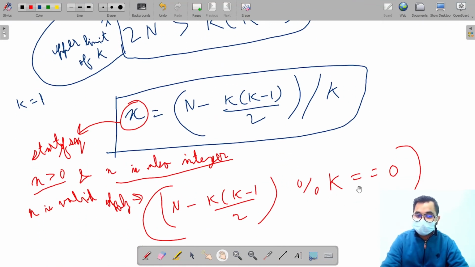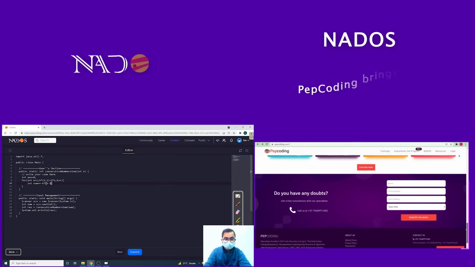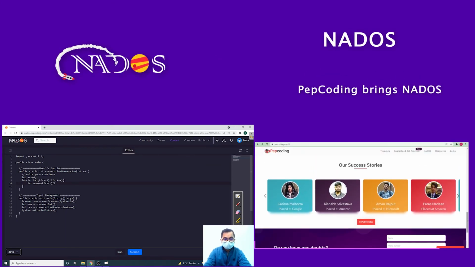If it is divisible by k, then the x I got is a valid x, and a consecutive positive number sequence exists for which the sum is equal to n. So let's write that: n minus k into k minus 1 divided by 2.